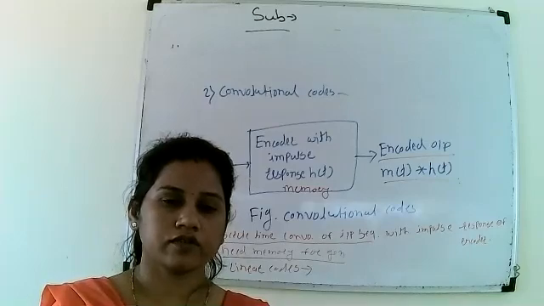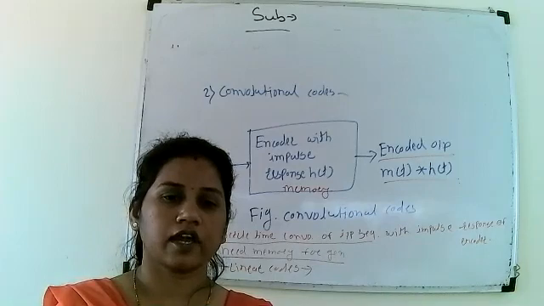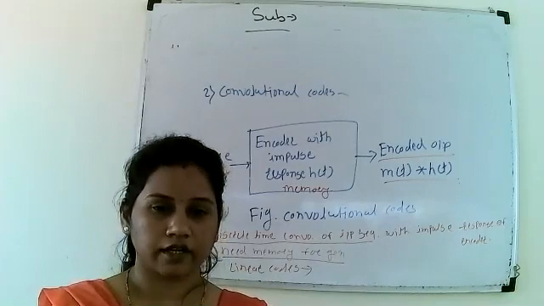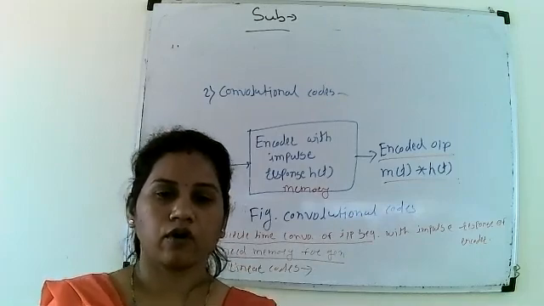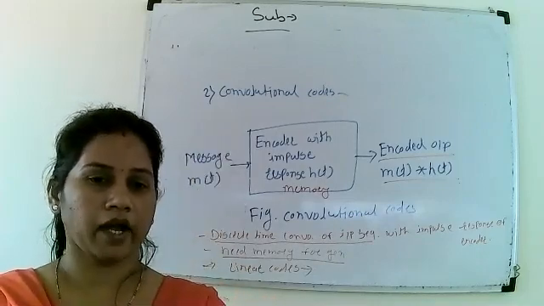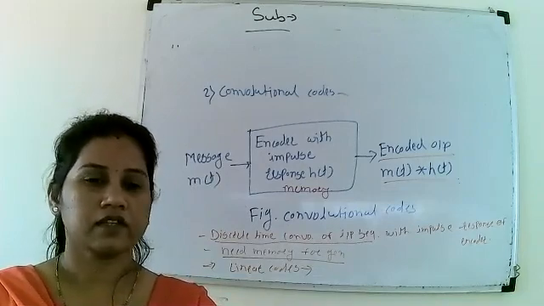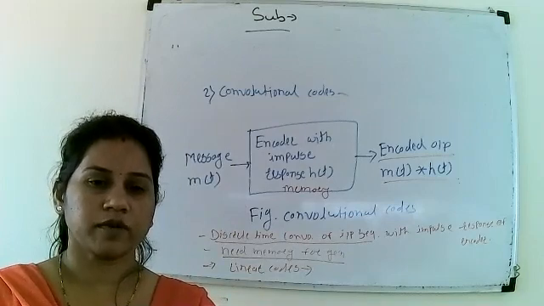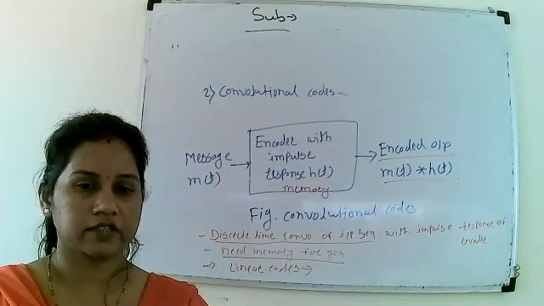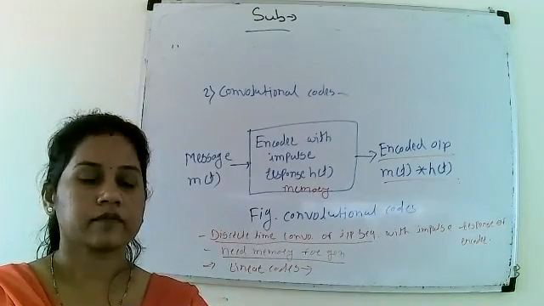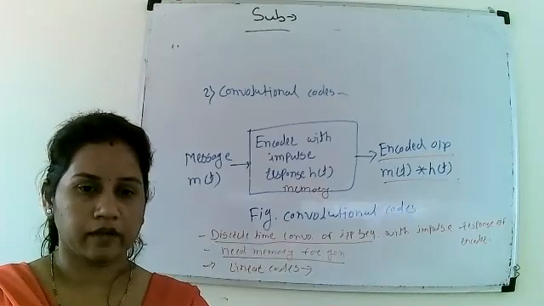In the block code, the k message bits are given to the channel encoder, which adds a new block of n minus k parity bits. These parity bits are nothing but redundant bits. There is no information of the message in the parity bits, and that's why it is called the block code. In the block code there is no need of memory.